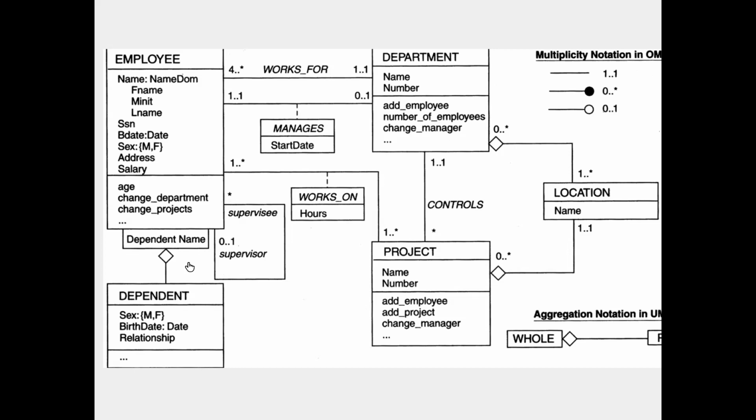And then you have a set of attributes, and then you have a set of methods, which we don't have in ER diagrams. So within this example, you will see there are several attributes like name, social security number, birth date, and so on. And then if you look at the dependent, you see you can have male, female, birth date, and the relationship.